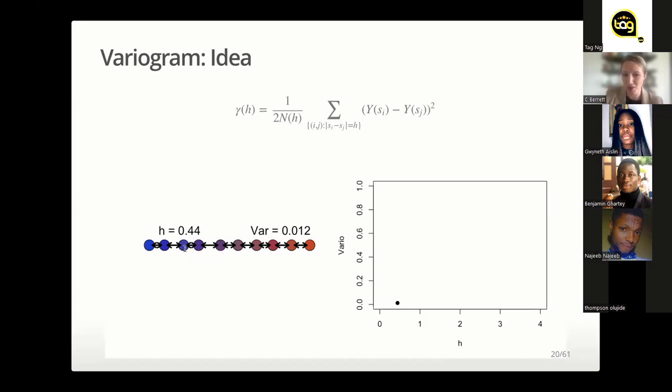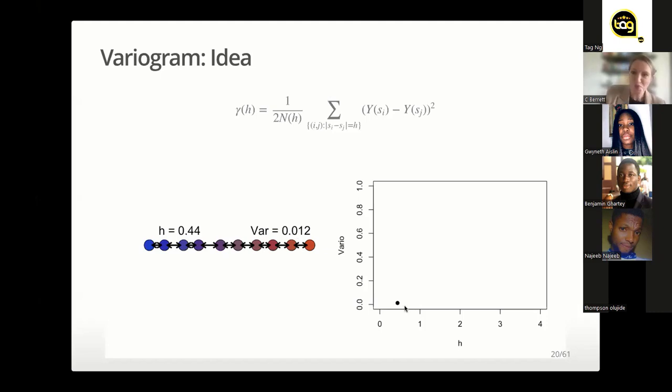Some are a little bit closer than 0.44 and some are a little farther than 0.44. So we're allowing for some tolerance. And I've used arrows to indicate we're looking at these 2 points because they're 0.44 apart. We're going to take the squared difference of these 2 points because they're 0.44 apart, etc. And we compute that semivariance and it's 0.012. So I'm just going to plot it right here.